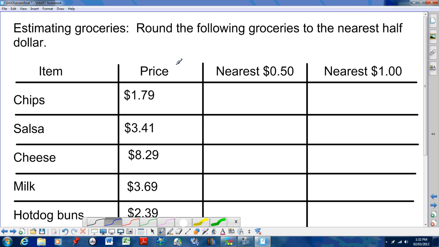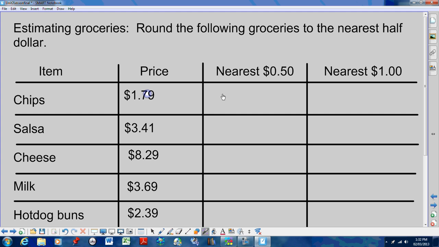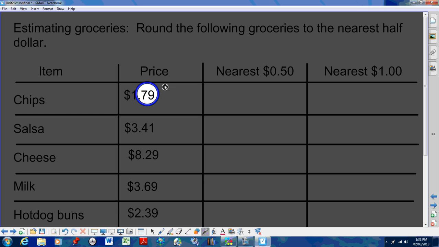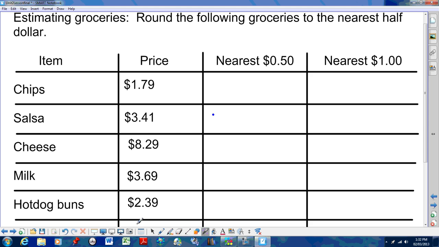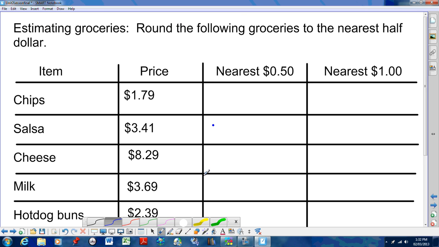As we move down, we're asking ourselves each time, 79, is that closer to 50, or is that closer to rounding up to $2? Remember, 75 cents would be the cutoff here. So as a reminder, our dividers are 25 and 75.